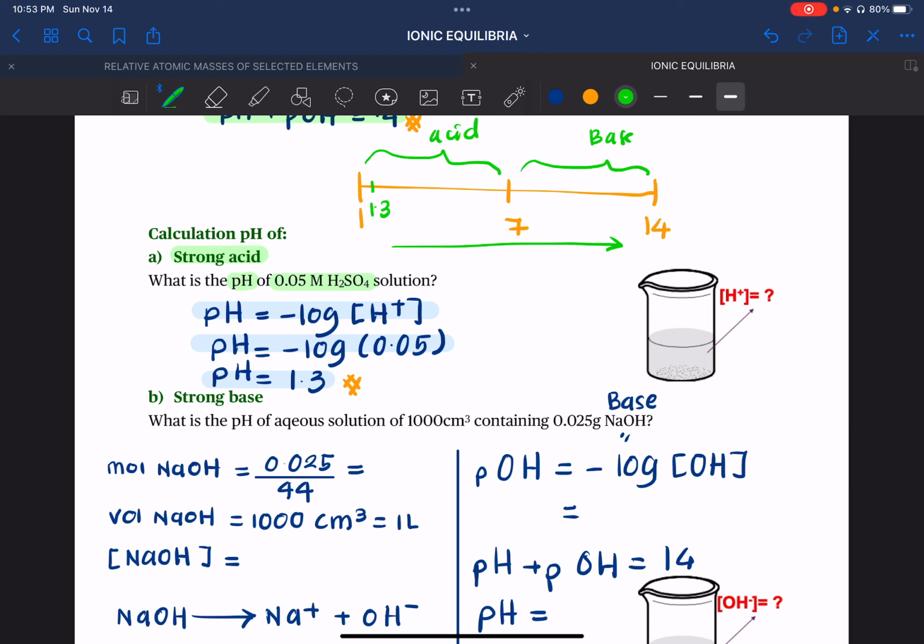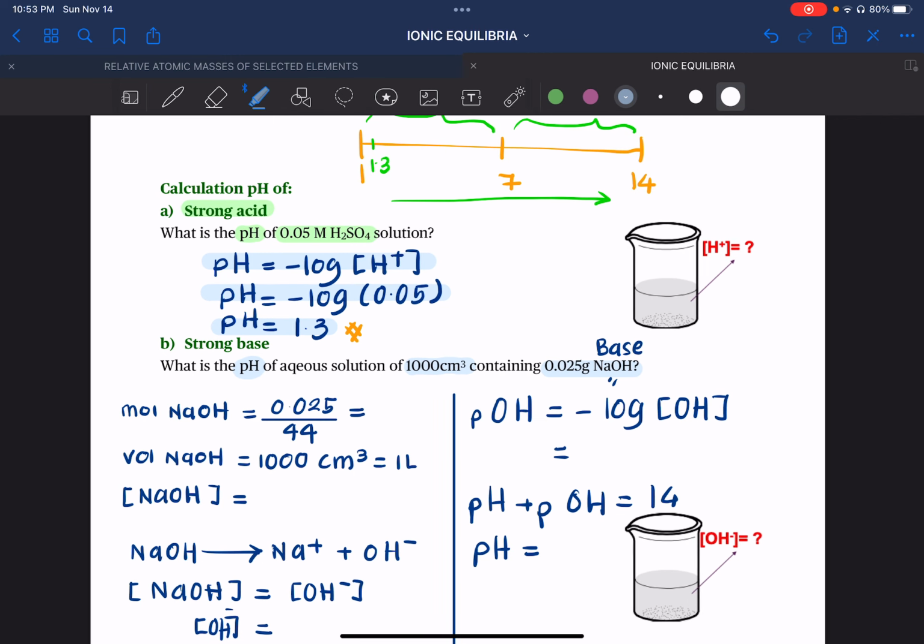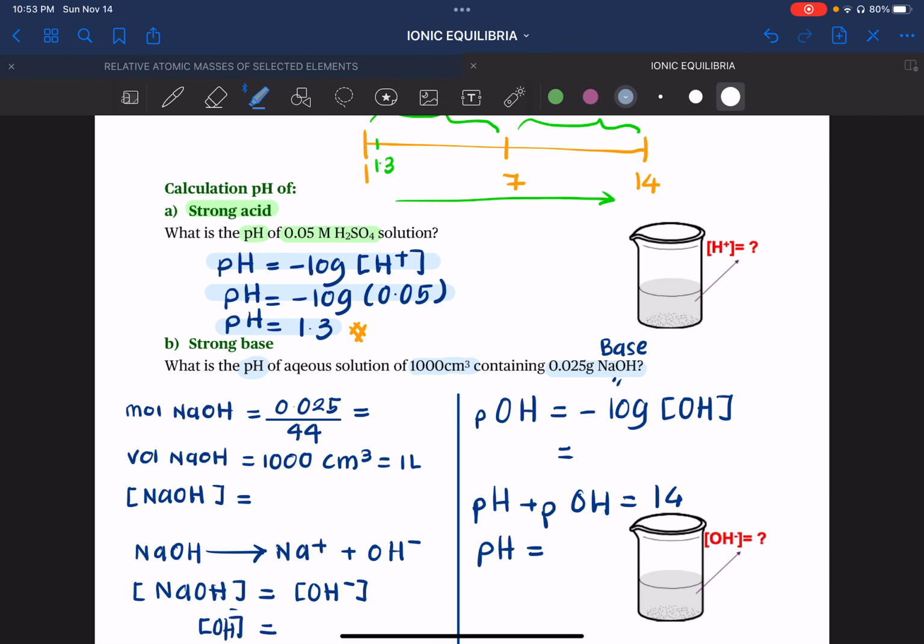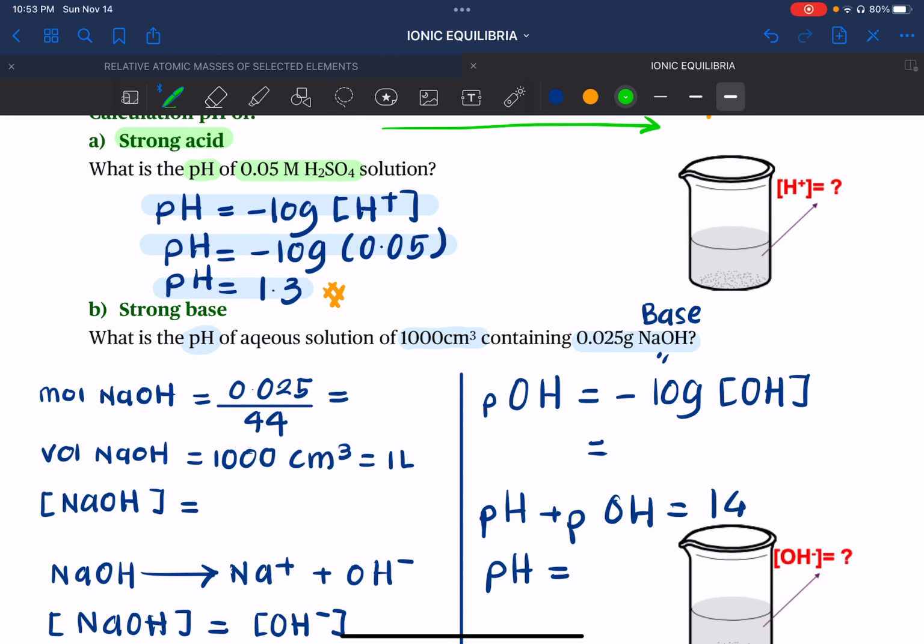Okay, next. What is the pH of aqueous solution of 1000 cm3 containing 0.025 NaO? Okay, guys, for this one, dia nak cari pH tapi dia bagi NaO. NaO adalah base. pH sebenarnya untuk acid.